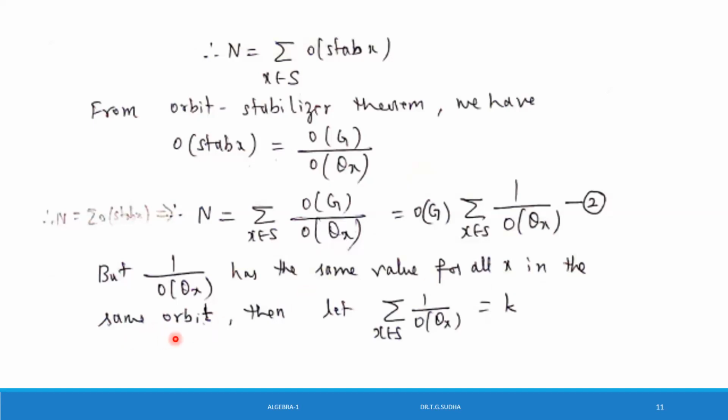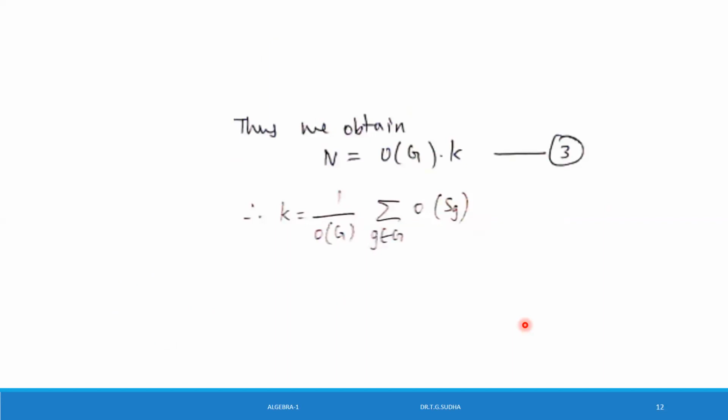This we need to remember, all x in the same orbit. If they belong to two different orbits, the values will change. If they belong to the same orbit, then this 1 over order of OX remains the same. Therefore, let us take this summation 1 over order of OX, where x runs over S, equal to some K. Therefore, we obtain N is equal to order of G into K.